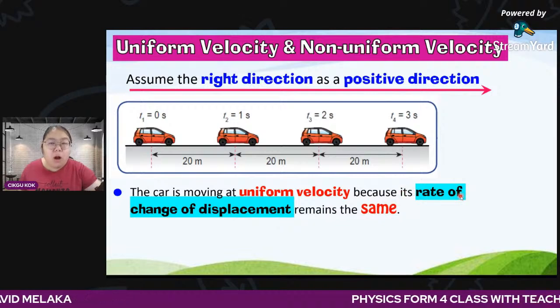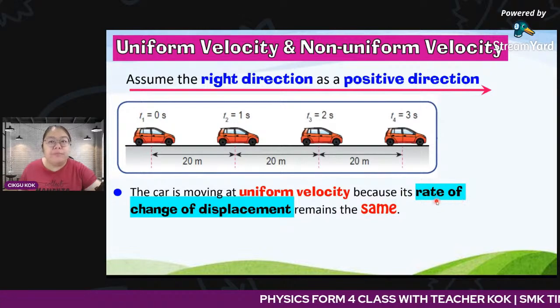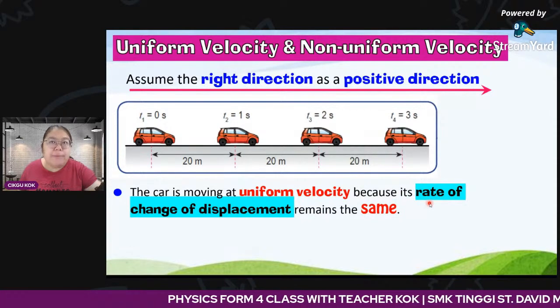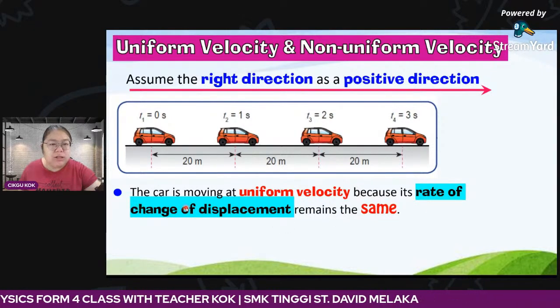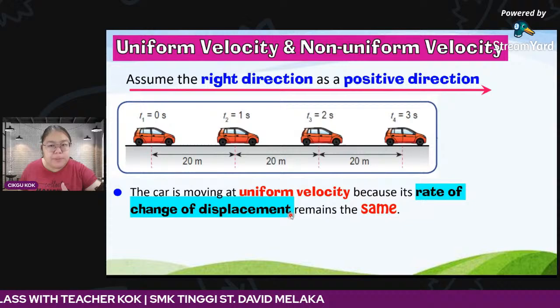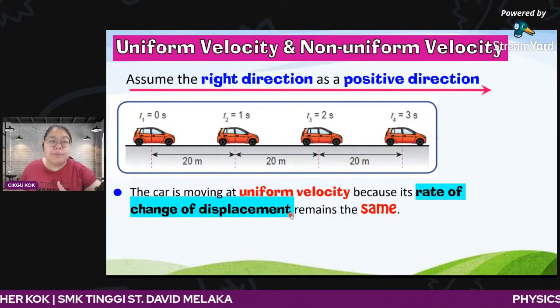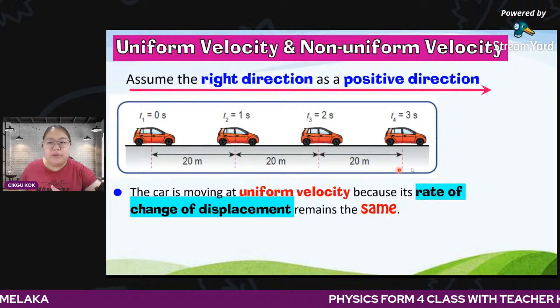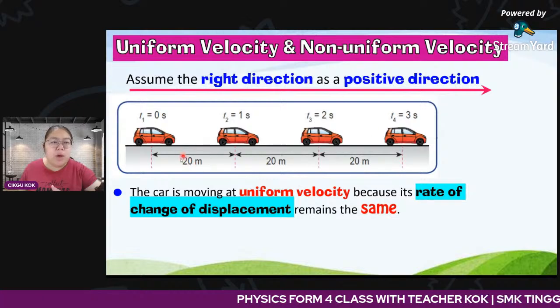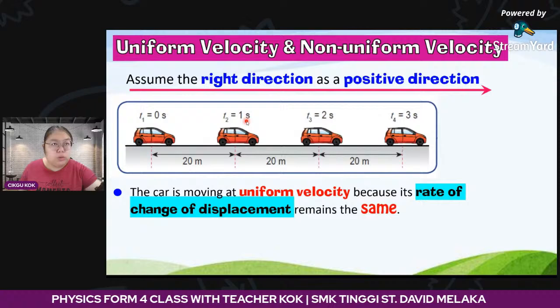When you see the words rate of, it means the formula must be over time. Changes of displacement over time, so that means it is velocity. Now if you want to calculate the velocity, you just take 20 meter over 1 second, so it's 20.